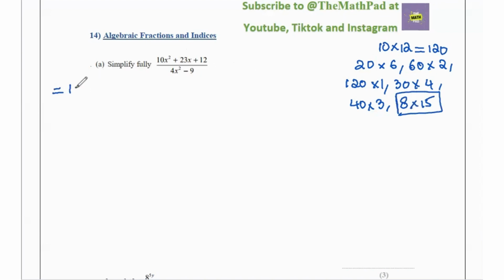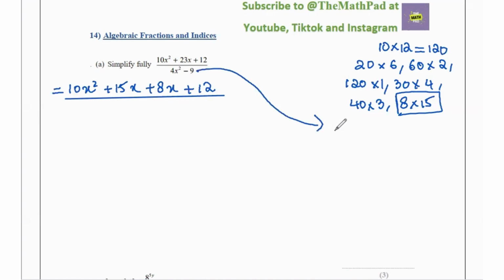So what you'll do next is you'll just replace 23x with 15x plus 8x, and then plus 12 comes as it is. Now for the denominator, we can see that we have two perfect squares being subtracted, which means we'll use difference of perfect squares to factorize the denominator.